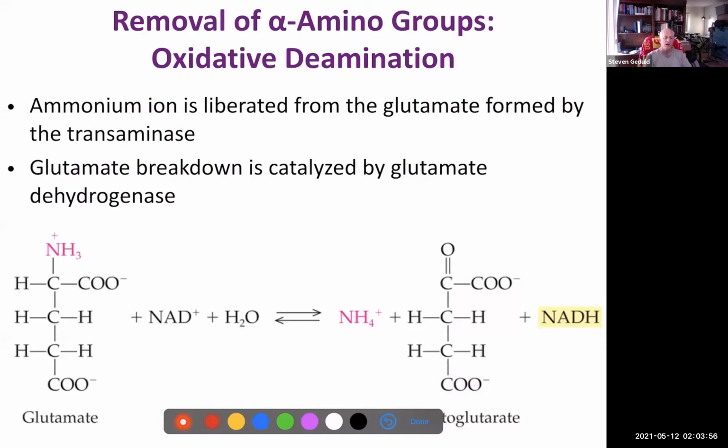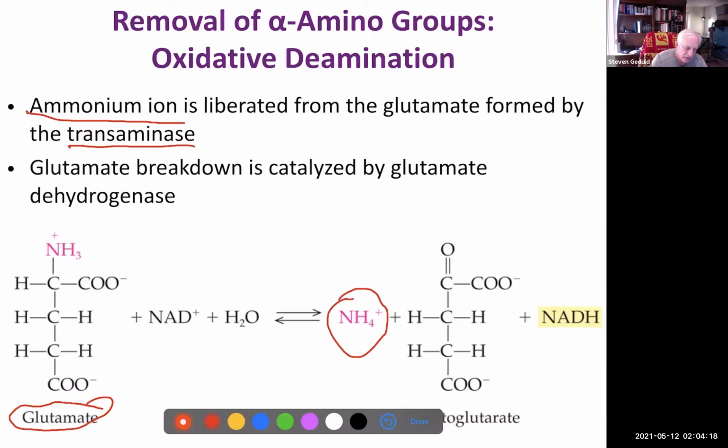Okay, so oxidative deamination is removal of your alpha amino group. So ammonium ion is liberated from the glutamate formed from the transaminase reaction. Glutamate breakdown is catalyzed by glutamate dehydrogenase. So you start with glutamate, which is one of the amino acids. Okay, you're going to form free ammonia.